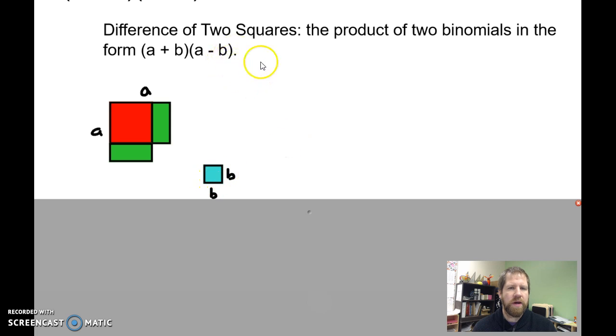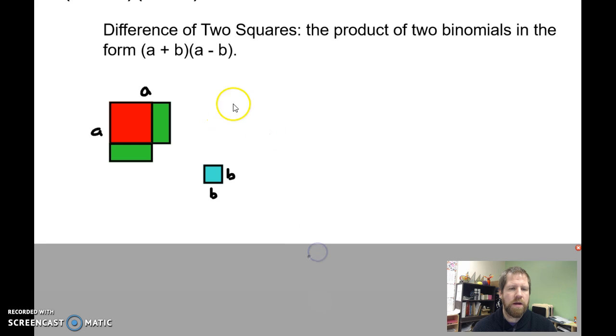Another way of looking at it is if we have this is my length b, and I move this rectangle up to here, now this distance, just the end of this red square, is going to be a minus b.